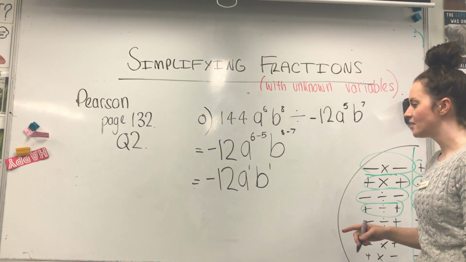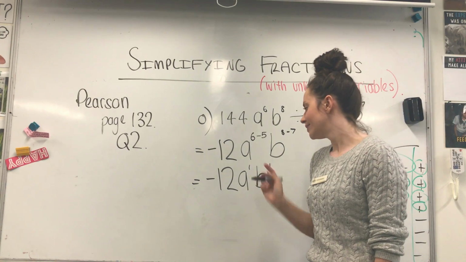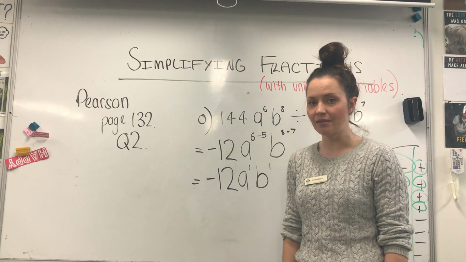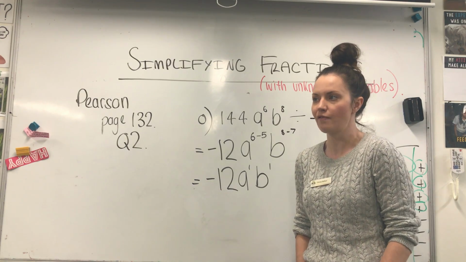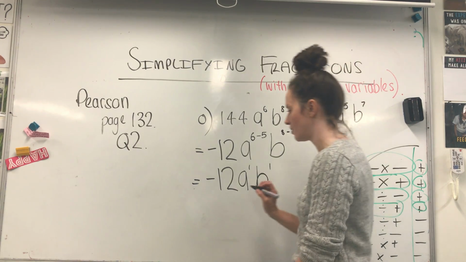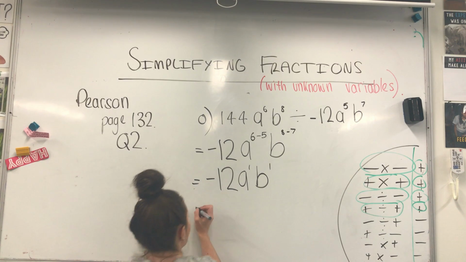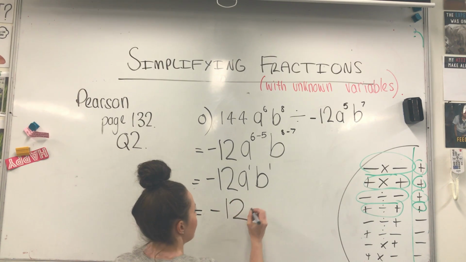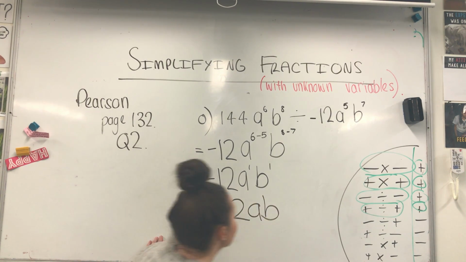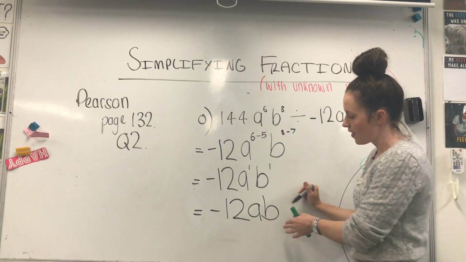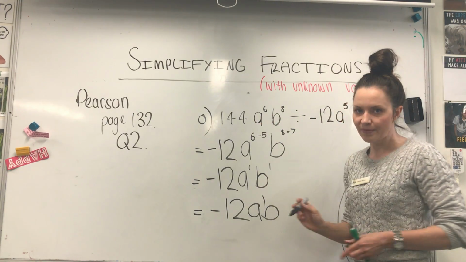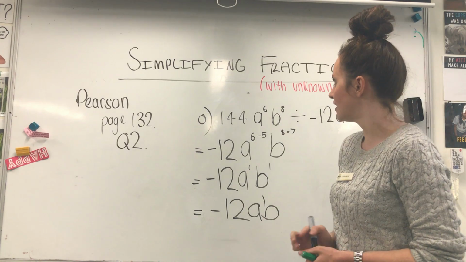And you don't need those to the power of 1s there. So a is just a to the power of 1, so we can take those away. On a new line, you could go negative 12ab. So this whole thing up here, that monstrosity, can actually be further simplified to negative 12ab. Okay, cool.